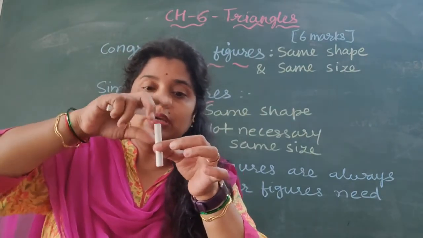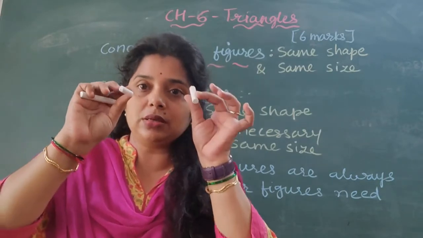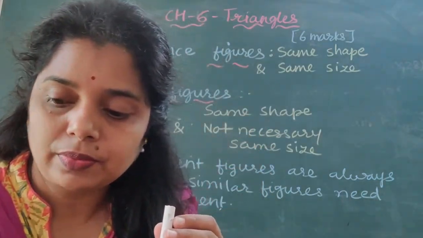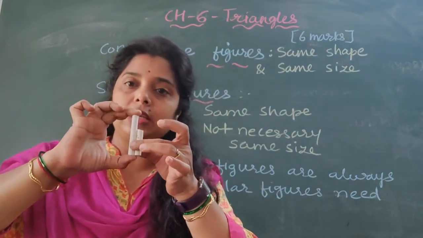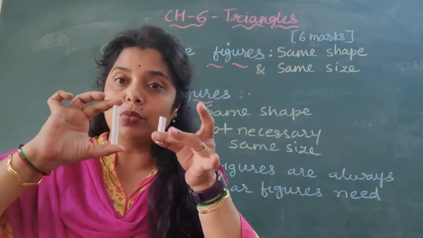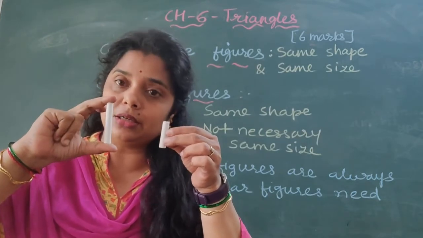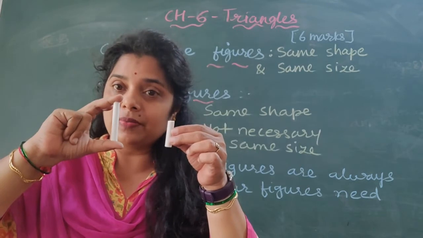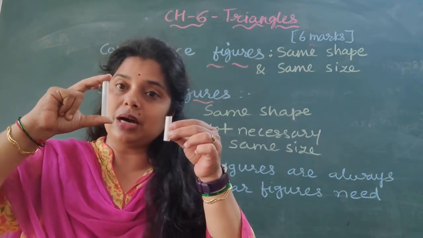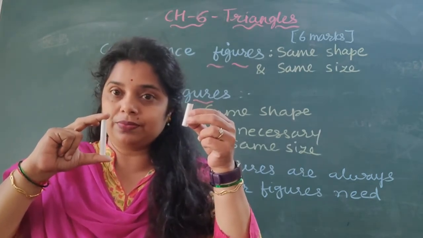Okay, now if I break any one chalk and then I show you, so you can say that the shape of both the chalks are cylindrical, but the size differs. This one is larger than this one.